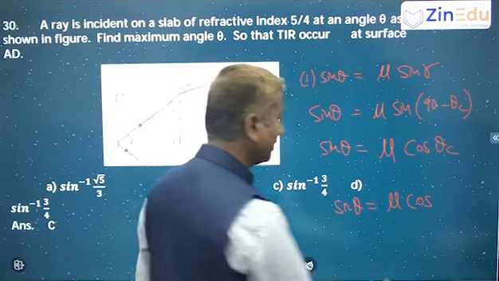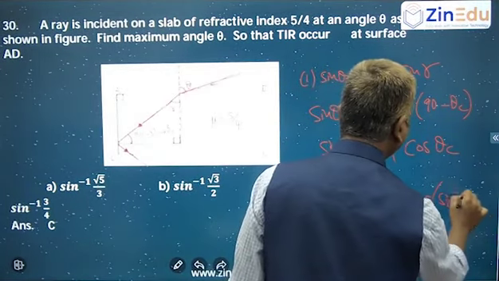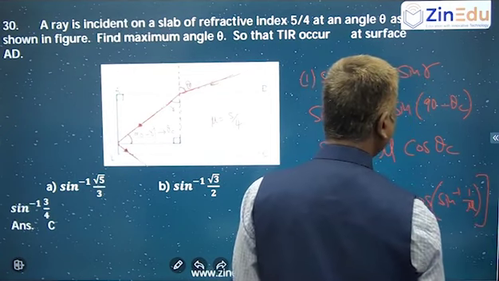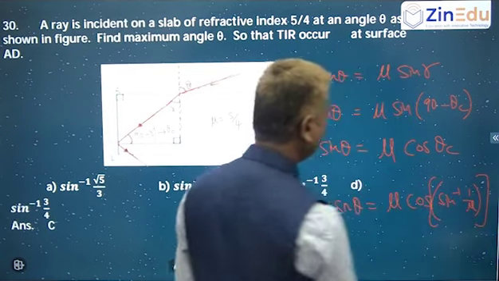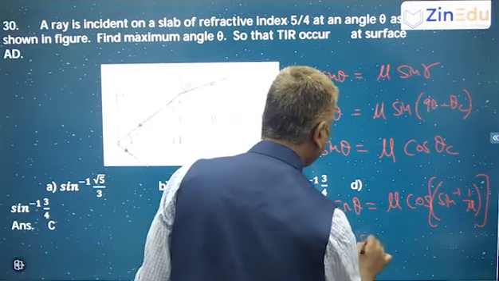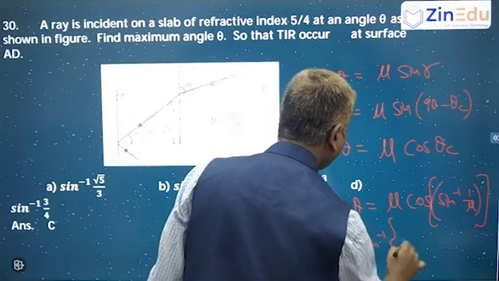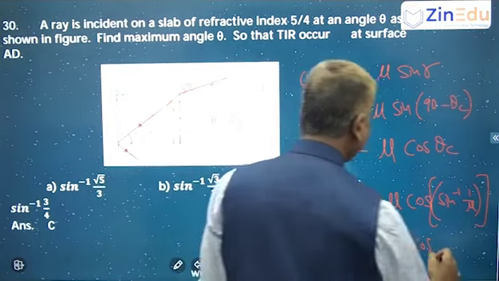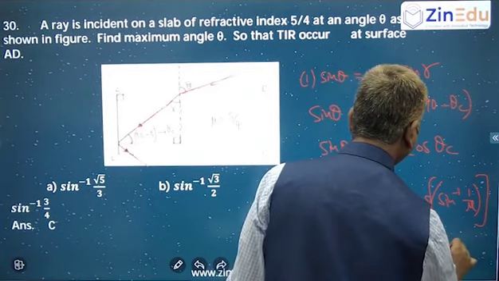Critical angle is given by sine inverse 1 by nu. This is the critical angle, right? So now your theta value will become equal to sine inverse of nu cos of sine inverse of 1 by nu.